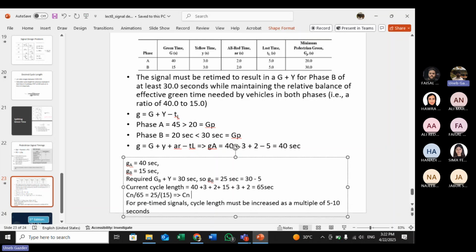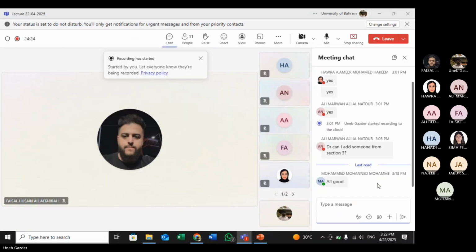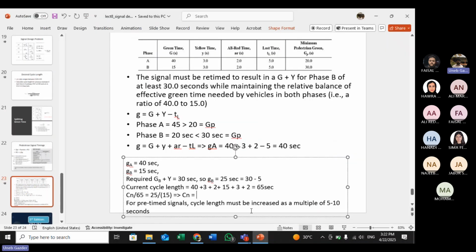Can somebody give me the value of Cn here? How much is the value of Cn, the new cycle length? So 25 upon 15 into 65.